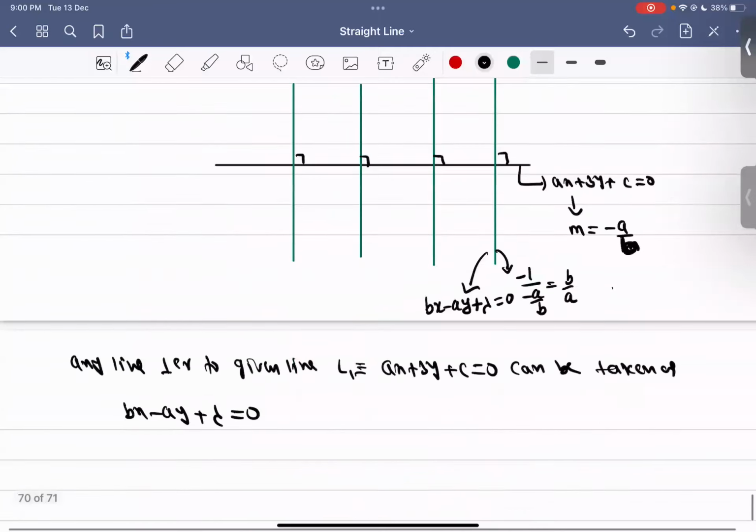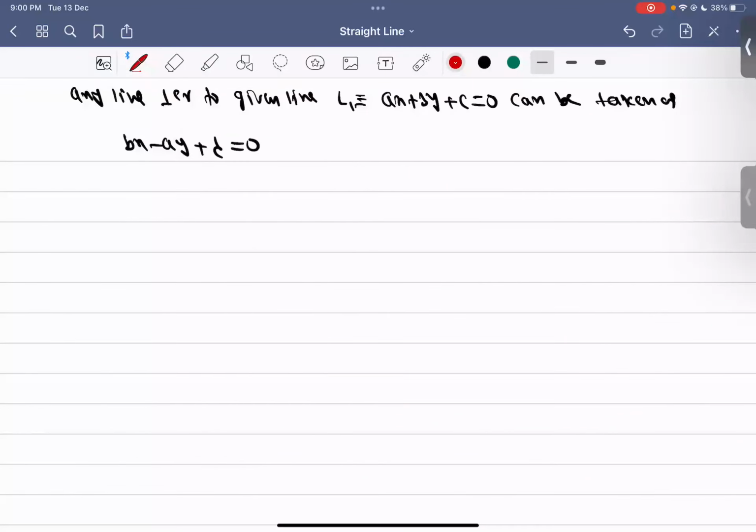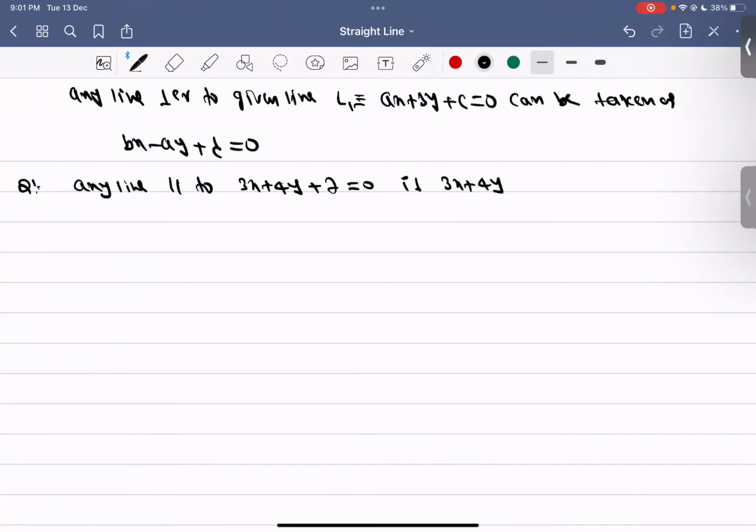Next, a simple example we will take. Any line parallel to 3x plus 4y plus 7 equal to 0 is 3x plus 4y plus lambda equal to 0, lambda or k, any.